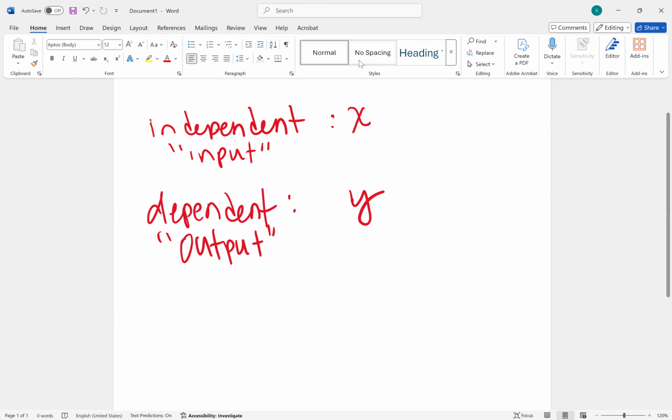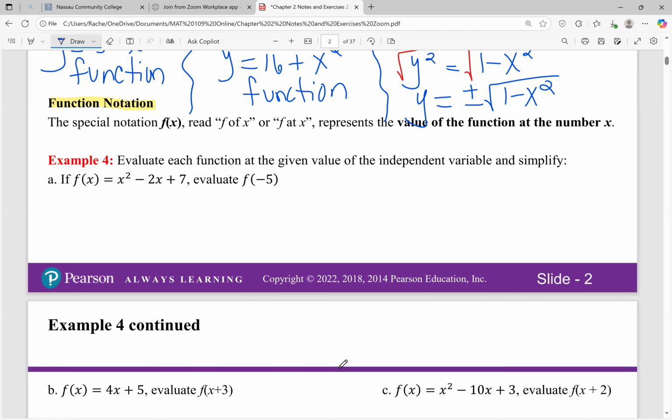So if we look at this example, if my function f of x equals x squared minus 2x plus 7, and I want to evaluate f of negative 5, what that means is evaluate the value of the function, or in other words, tell me what y is if the independent variable or the input is negative 5.